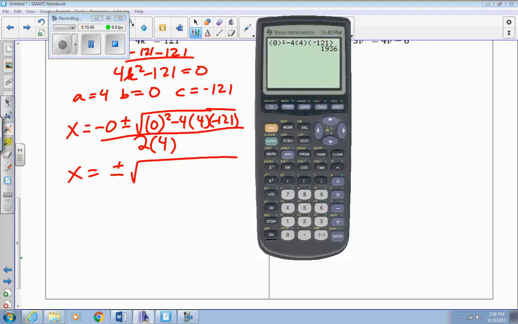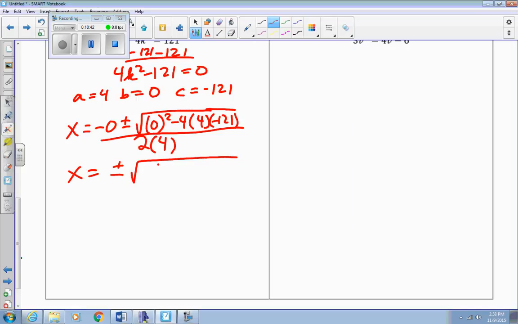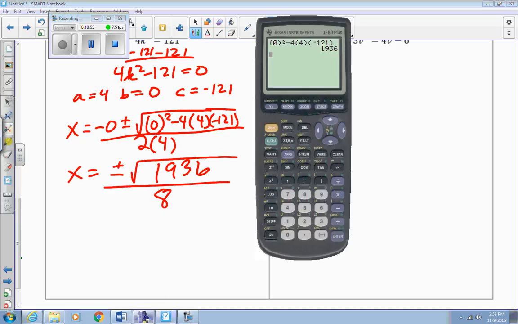That's an ugly number, but must be right. With a big number like that, I would probably check in the calculator to see if it's a perfect square. Oh, just so happens it is. So I'd always check a big number to see if it's a perfect square.